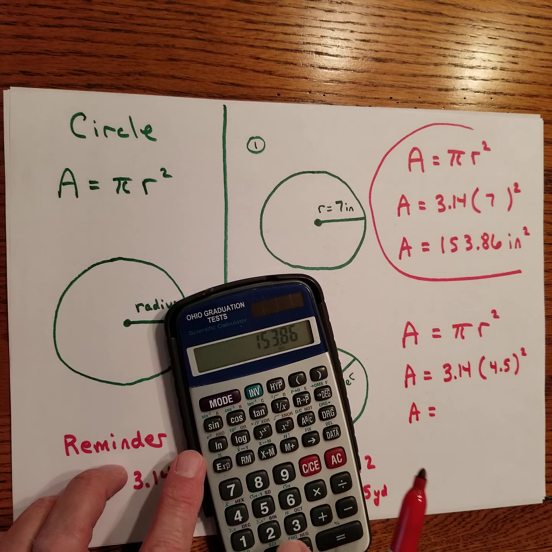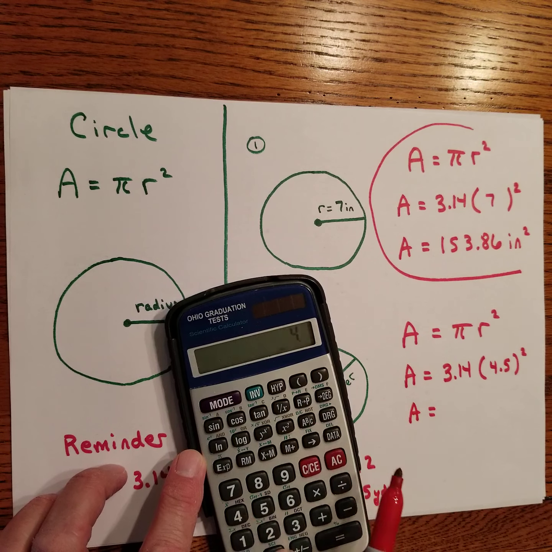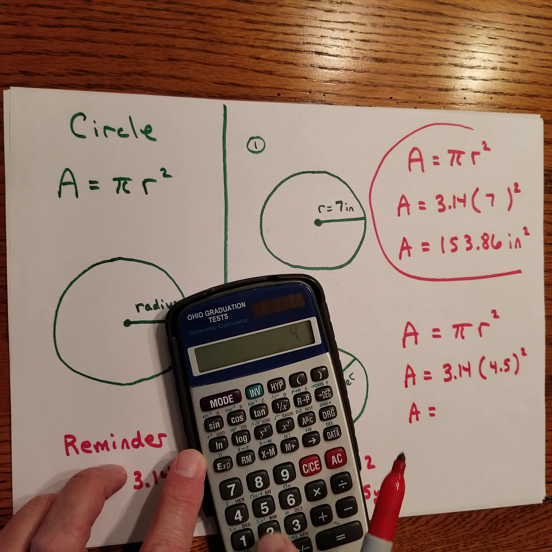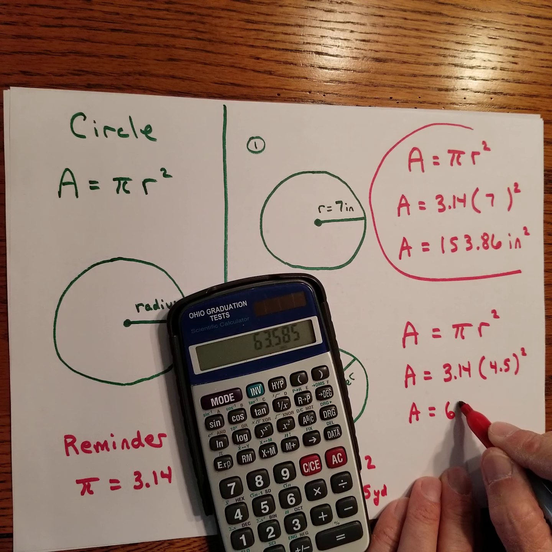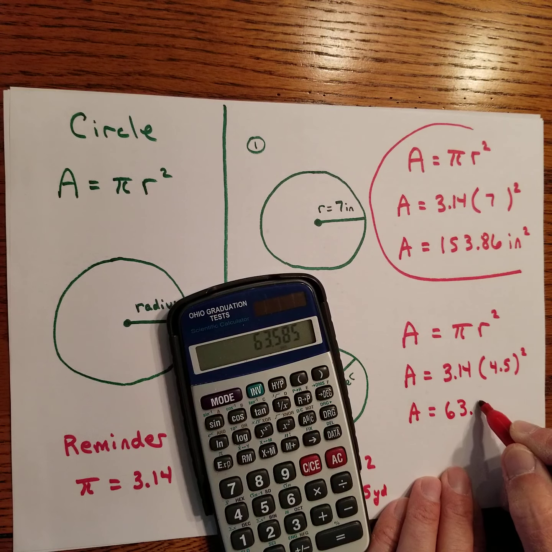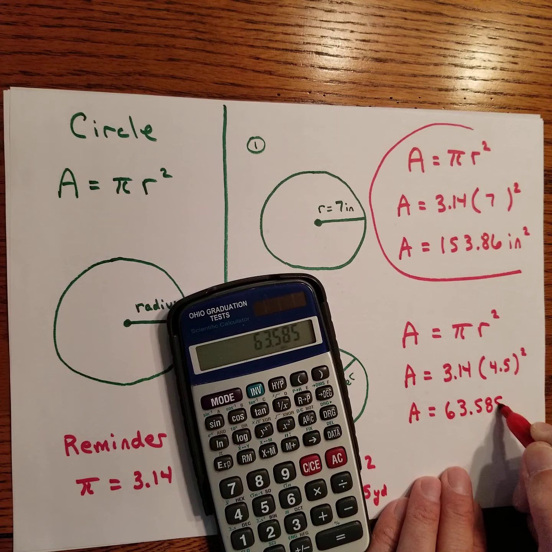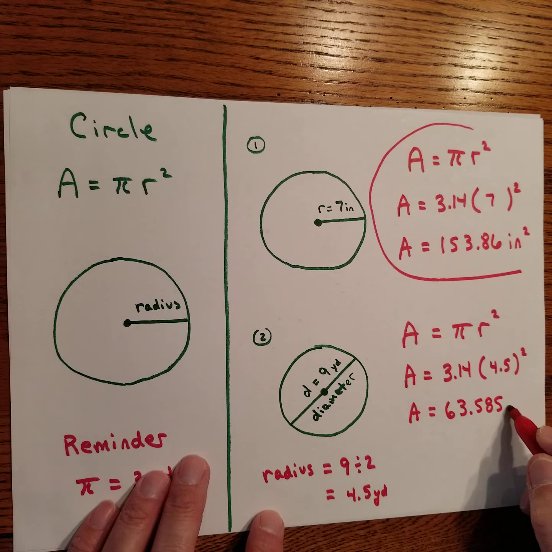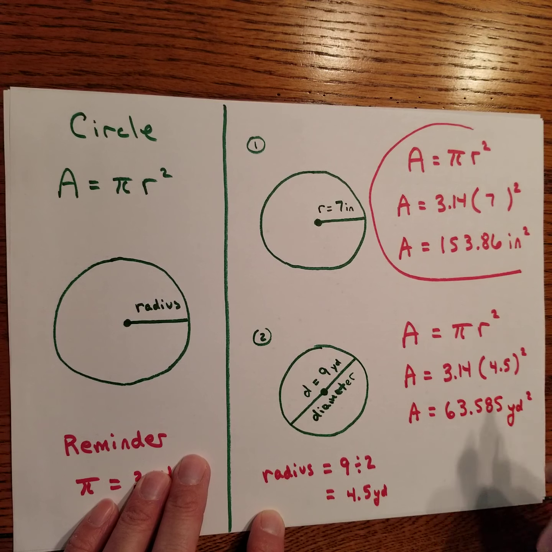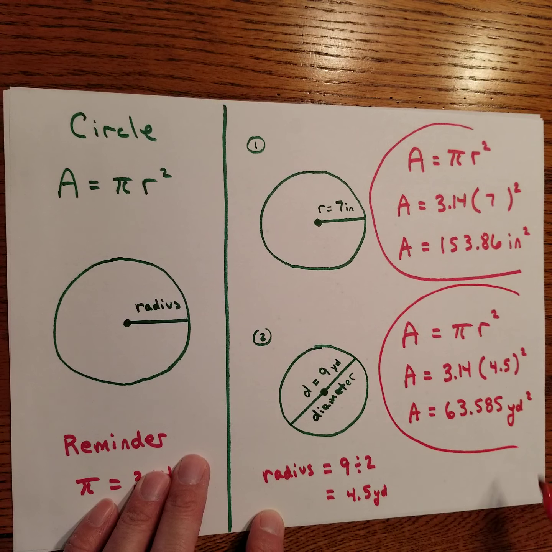Let's try it. Here's 4.5 times 4.5 times 3.14. It's a little more than 63. 63.585. This problem was in yards, so square yards. Lovely.